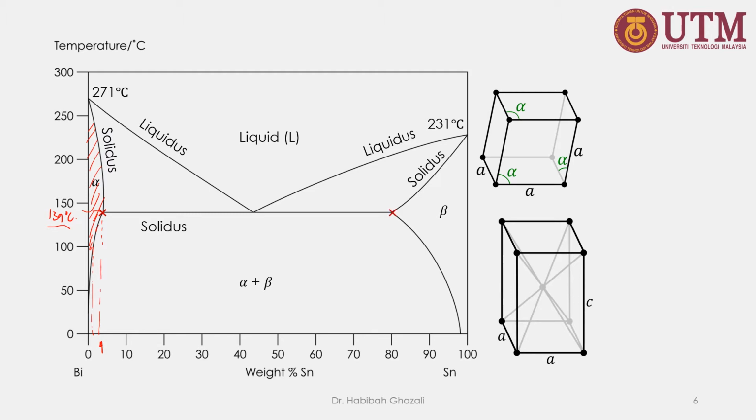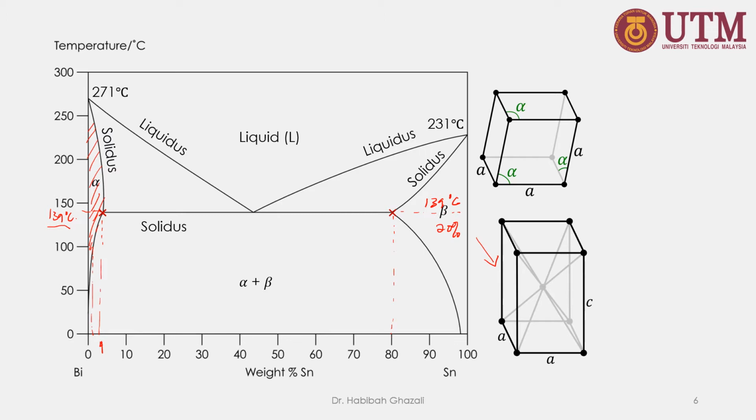This point represents the maximum amount of bismuth that can reside inside the crystal structure of tin. So at 139 degrees Celsius, 20% of bismuth can reside inside the crystal structure of tin.